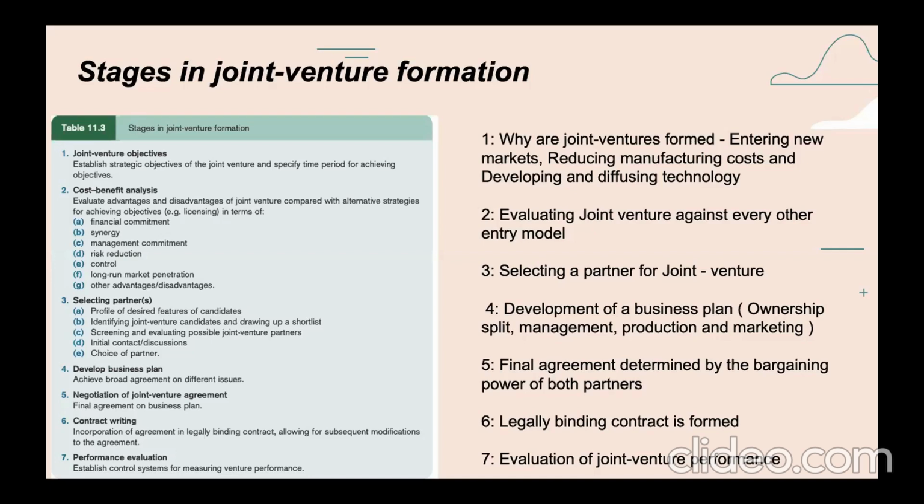And it comes with a legally binding contract that is formed based on the fourth and the fifth step. So based on the business plan that was developed and final agreement. For our last and the seventh step is the performance evaluation. We are going to establish a control system for measuring venture performance and evaluate.